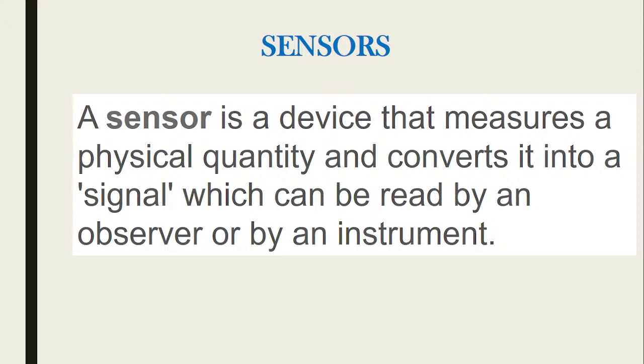In the example of the temperature sensor LM35, it uses that principle of a semiconductor being susceptible to temperature to measure the atmospheric temperature. So based on the temperature, the current flowing through.